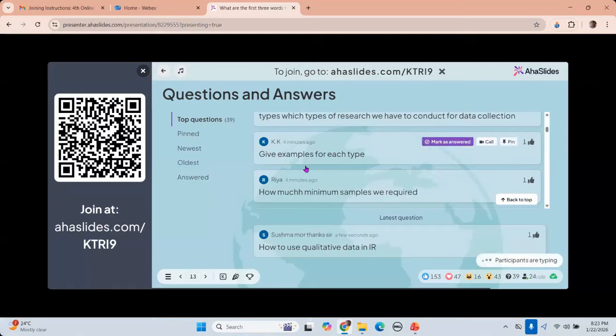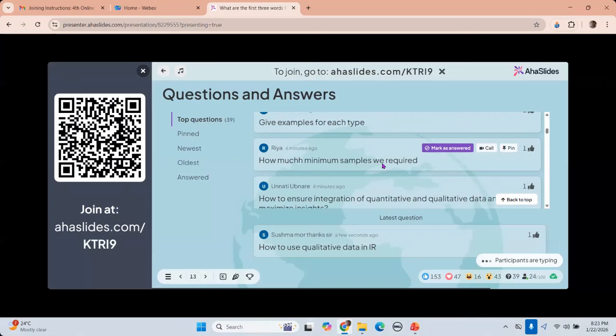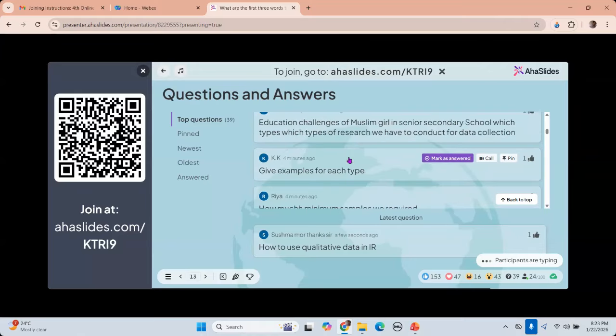Okay. How many minimum samples are required? Priya, it depends on the type of method. If you're going with quantitative, and you know your total population size, you can determine your sample size. In case you don't know your total population size, we have certain strategies. We have some published sampling tables, and by using those sample tables, one can go ahead.